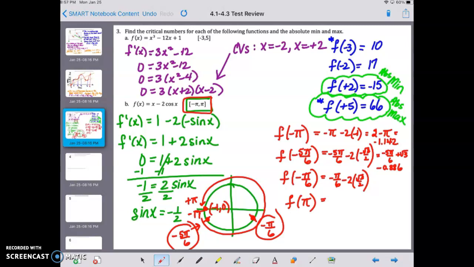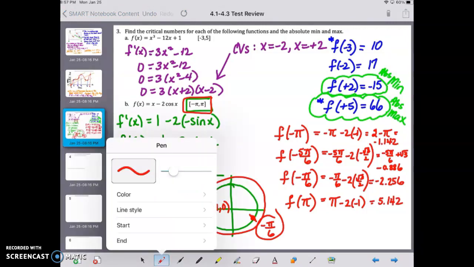When I do the math on that, I get negative 2.256. And then my last one, f of pi, is going to give me pi minus 2 times, and then again, the cosine of pi is negative 1. Negative 2 times negative 1 is positive 2, so I end up with pi plus 2, which gives me a value of 5.142.